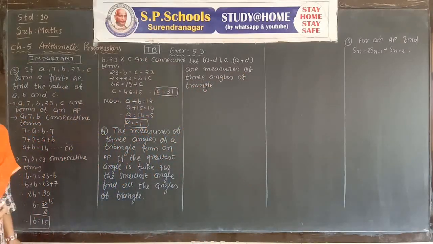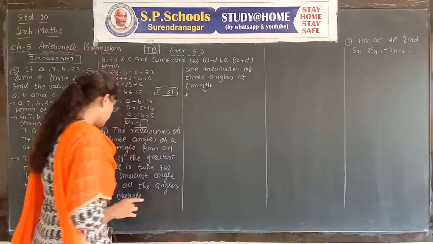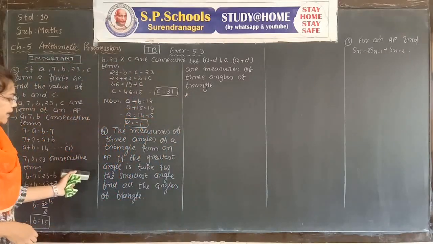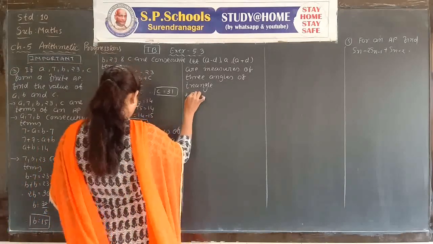We know in a triangle the addition of three angles is 180. Only one condition is given: the greatest angle is twice the smallest angle. First we are using this condition.